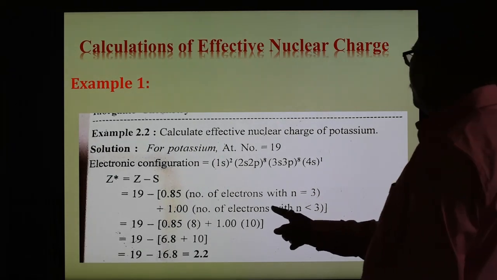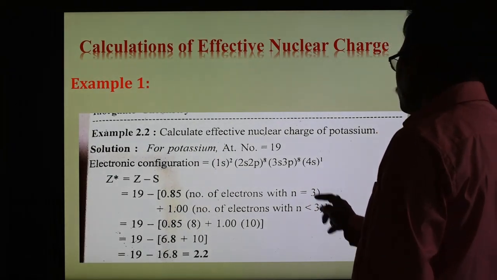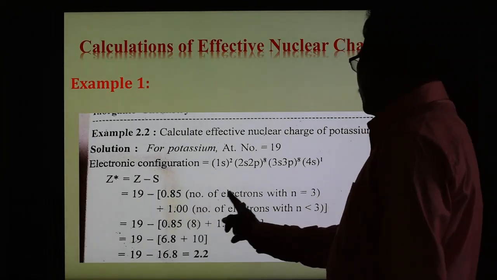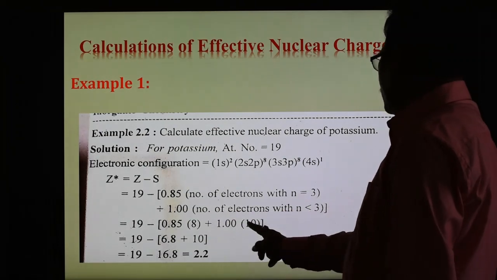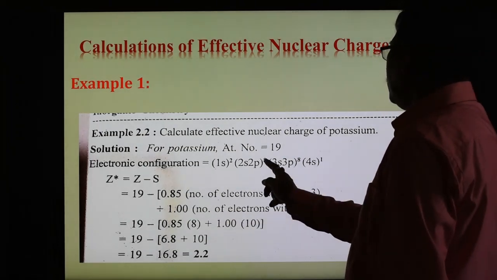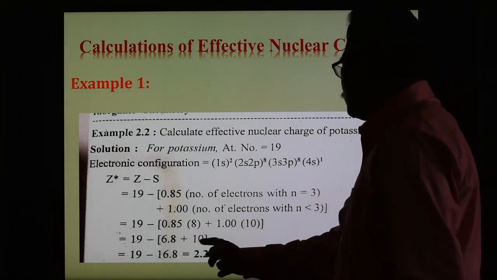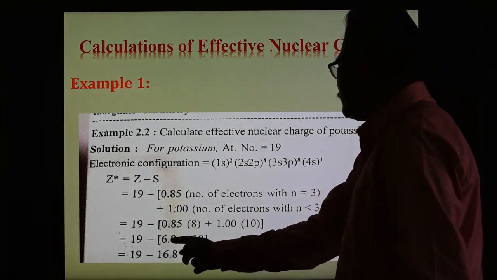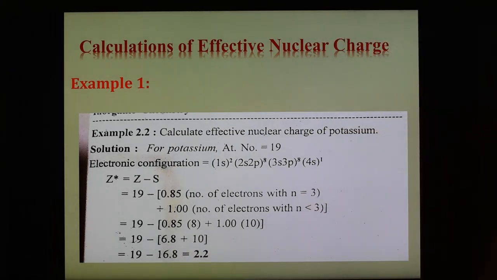So 0.85 into 8 electrons with n equal to 3, plus 1 into the electrons with n less than 3, which are 8 and 2, so 10. Now do the multiplication: 6.8 plus 10 is 16.8, and 19 minus 16.8 gives 2.2. So the effective nuclear charge for potassium is 2.2.